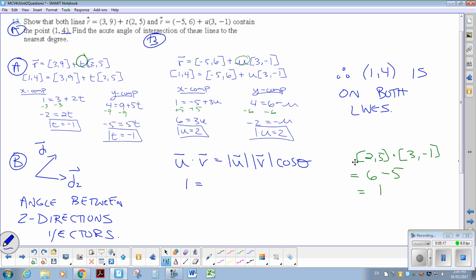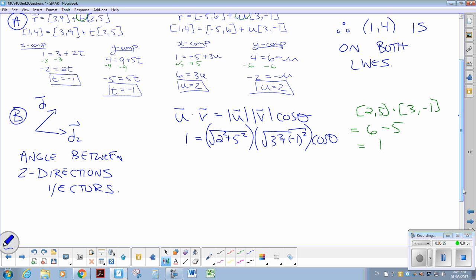The magnitude, so I'm going to cheat a little bit here and just put it all into the equation. Square root of 2 squared plus 5 squared times my v vector, square root of 3 squared plus -1 squared, cos theta. Doing a little bit of simplification, 1 would equal root 29 times root 10, cos theta.